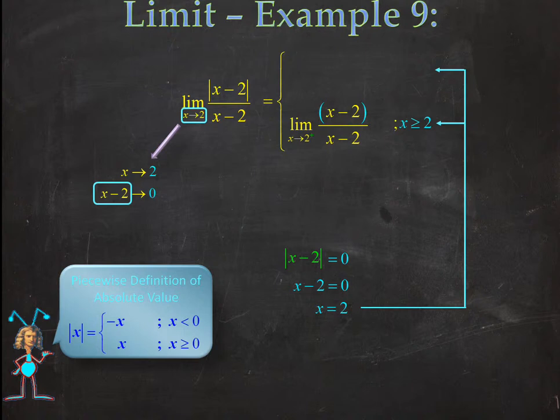The other if-then statement says, well, what happens if x is less than 2? Well, if x is less than 2, the material inside the absolute value has to be turned into a positive. And the nice, easy way to turn material that is negative into a positive is to multiply it by -1.